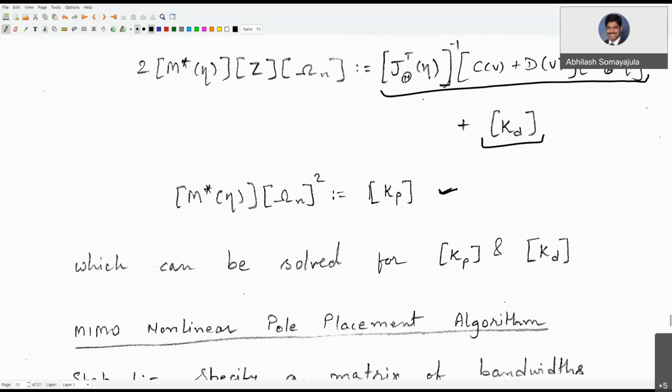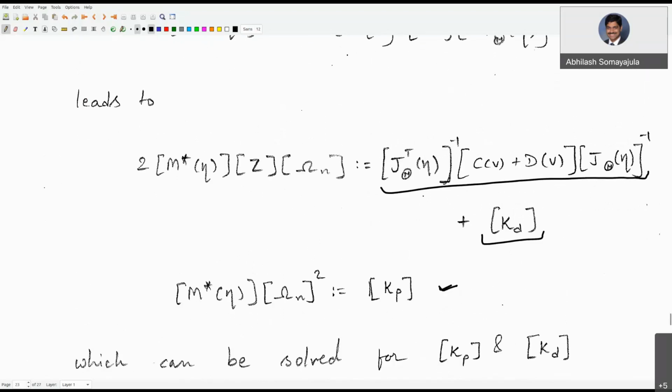So let's try to formalize what we are doing. We have looked at a lot of equations, but let's formalize the steps. Typically we want to place the poles of the system at a particular location, and that will determine our damping matrix and the natural frequency matrix. That will determine where my natural frequencies of the different modes should be and where the damping ratios of the different modes should be.